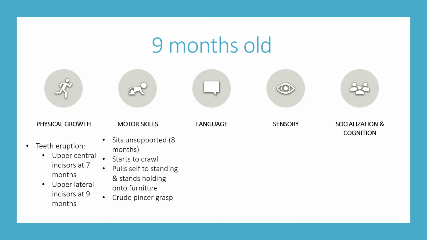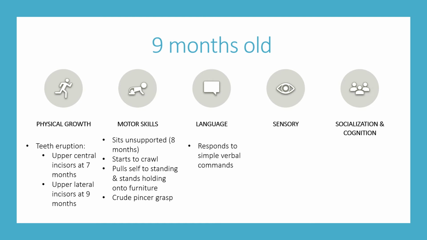They're developing a crude pincer grasp, where they use their entire hand to pick up an object. So they'll use their thumb, index, middle, and ring finger to grab an object. And then a little bit later, they'll develop a fine pincer grasp where they just use their thumb and index finger to pick things up.